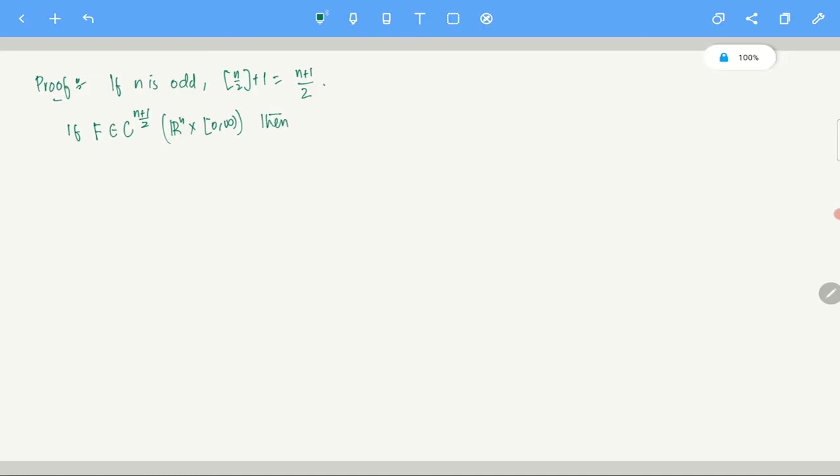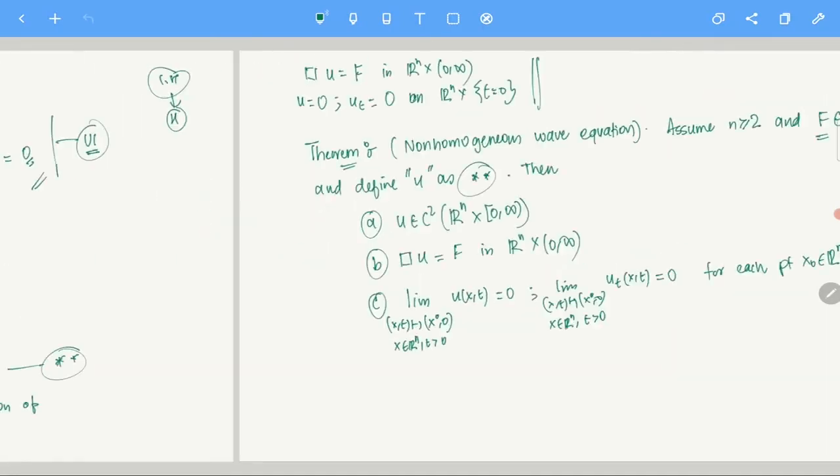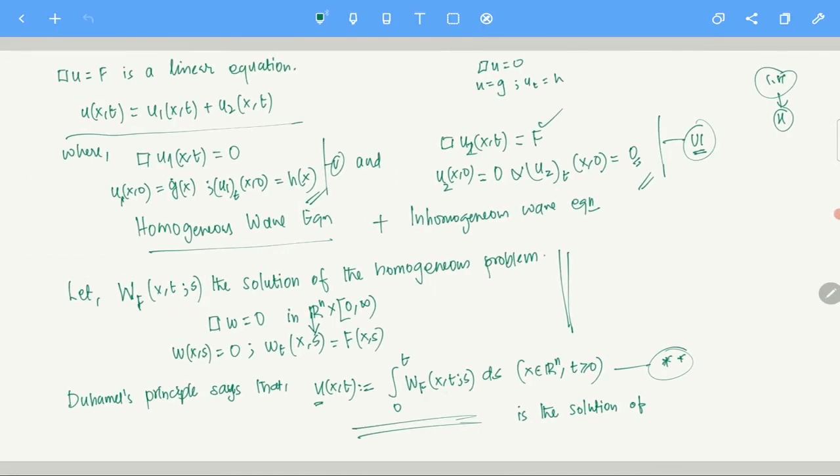the function which you got, I mean Wf of (x,t,s), if capital F is in C2, this problem is in C2, that is clear, right? Wf is in C2. Why? You see, Wf is a homogeneous problem, right? I mean, let's say n equals 3.